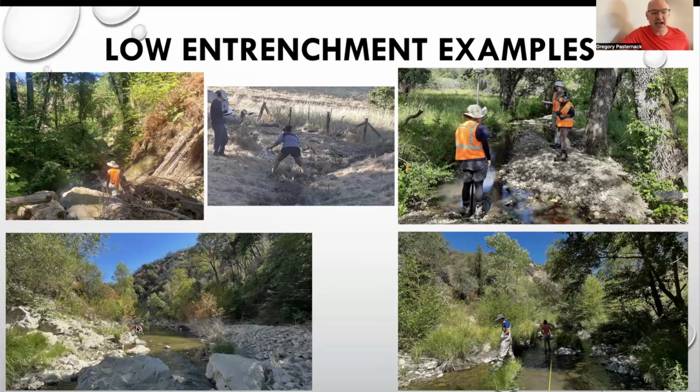But in any case, if they were standing up, it's not more than 2 times a person height to get above this active channel height. And same thing kind of in the lower right. Here's another natural river, it'd be an N3, because it's confined. It has a valley floor, but it's a relatively thin, narrow veneer dominated by boulders. So these are low entrenchment examples.